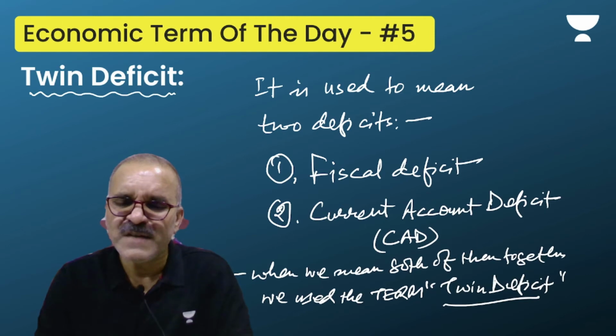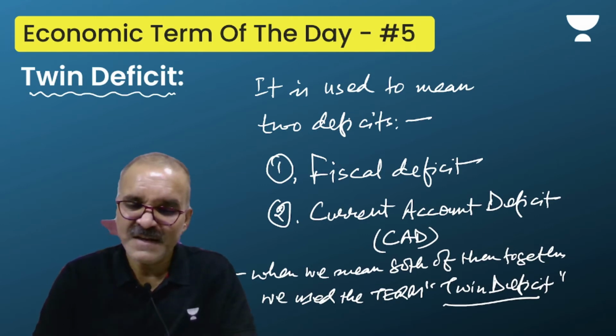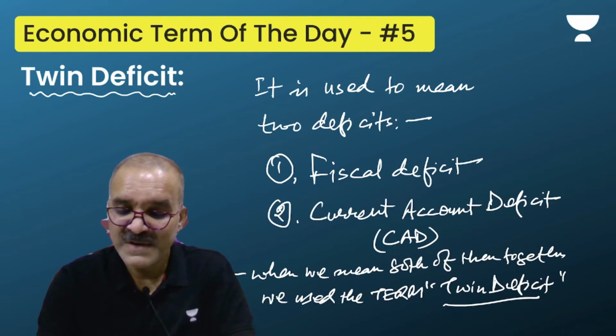Why should twin deficit be manageable? Why should it be sustainable? And what constitutes twin deficit? Either fiscal deficit or current account deficit. Let us try to understand.